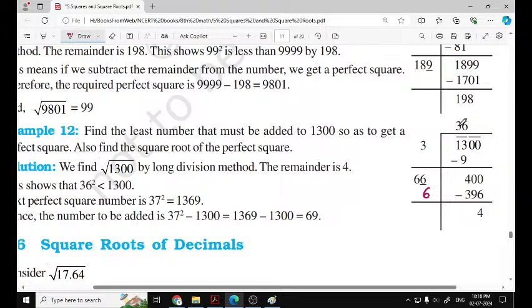So 36 square is 1296. The next natural number will be 37. And 37 square minus this 1300 is 1369 minus 1300. So we should add 69 to this number to get a perfect square.